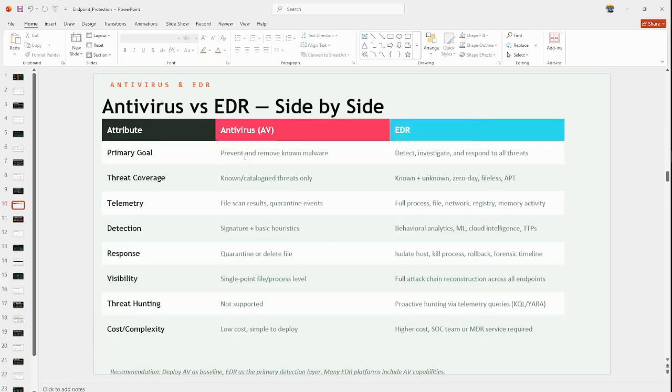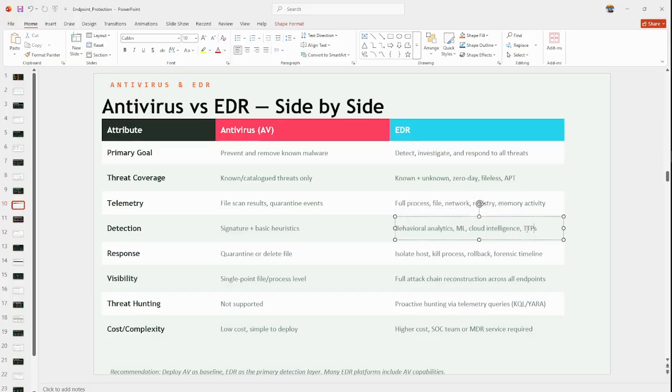Primary goal of antivirus: prevent and remove known malware, based on signatures and basic heuristics, basic logic. EDR is going to detect, investigate and respond to all the threats, based on behavior analytics, machine learning and cloud intelligence. So directly the vendor will be checking all that.